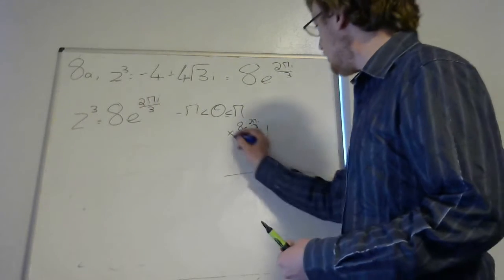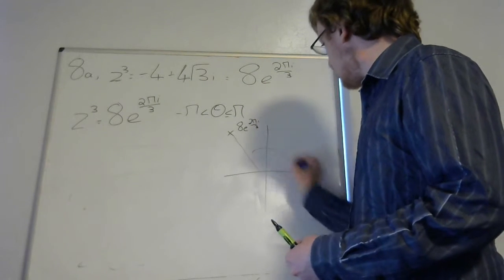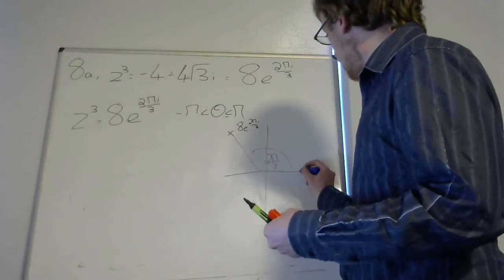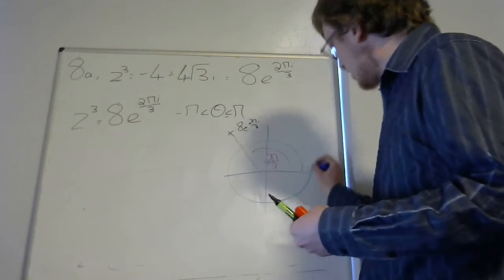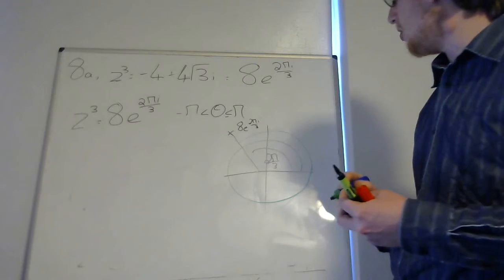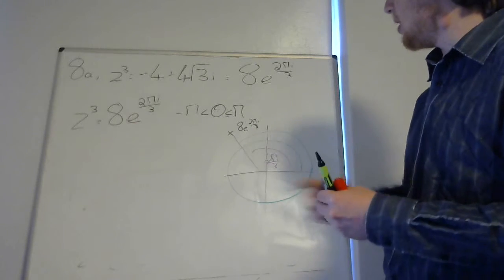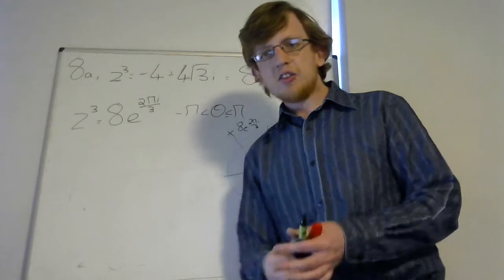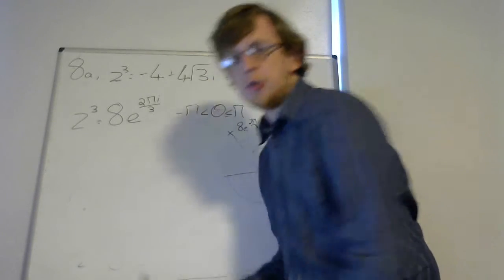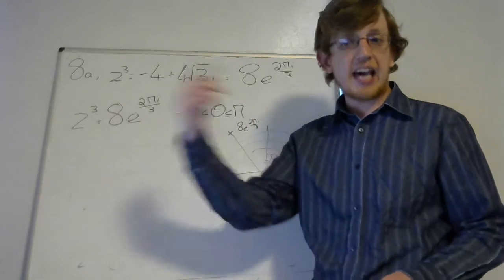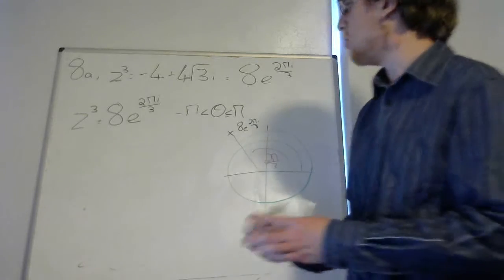So the first time you go around 2 pi on 3, but then the second time you go around once, all the way around the Argand diagram, and then around 2 pi on 3 to end you back up onto this complex number here. So all we need to do then is add 2 pi onto the argument of this, and we'll do it again to go another once more around.